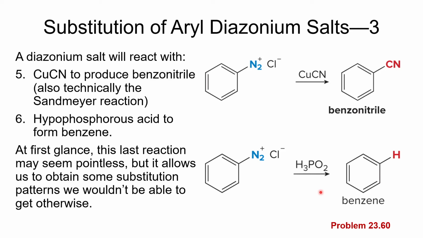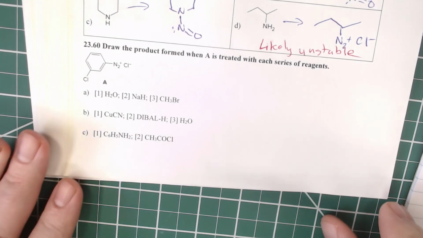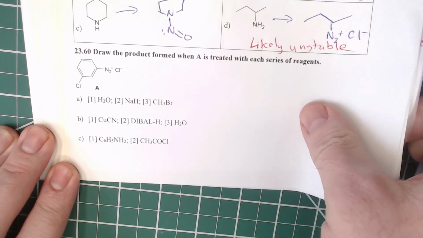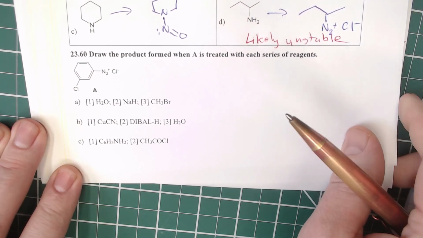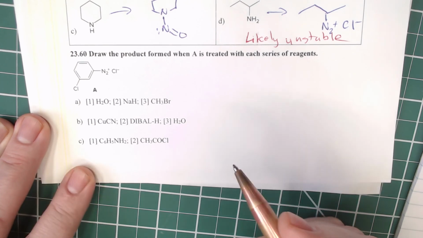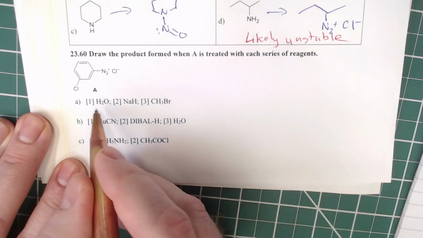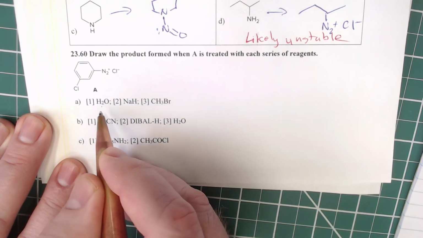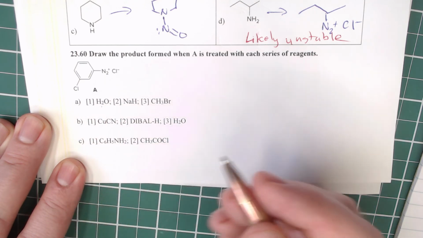All right, we're going to look at number 60. On number 60, let's go back over here. All right, so on number 60, we want to see what happens when we do each of these. And so it might be helpful to figure out what's going on here. If we treat it with H2O, H2O is going to produce a phenol.